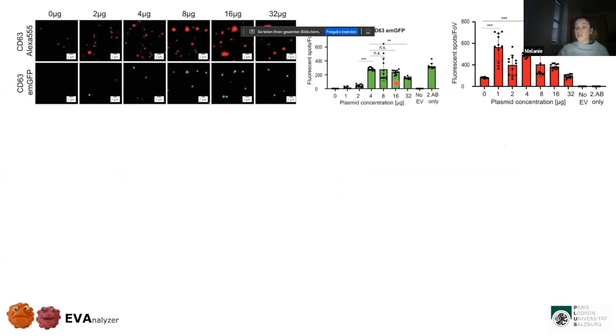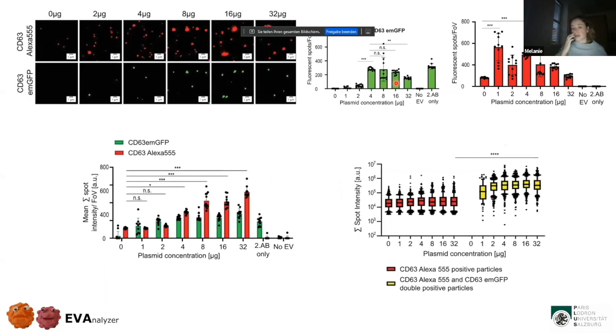And when we look a bit more in detail into the intensity data, we see that the vesicles that have the CD63 emerald GFP have much more signal for the antibody labeling that we did with CD63. So the ones that have the emerald GFP have much more CD63 than the ones that are inherently produced by the non-transfected EVs, by the non-transfected cells.